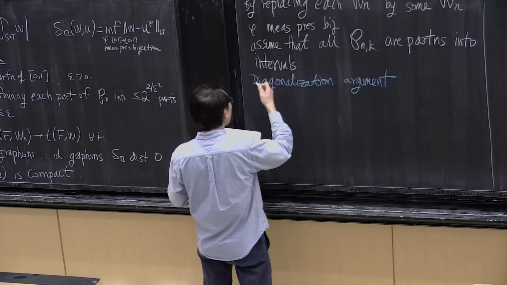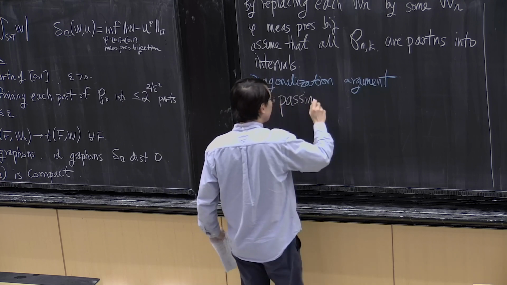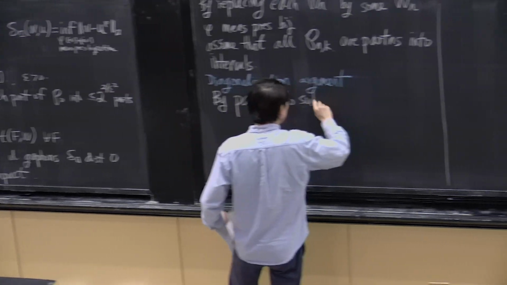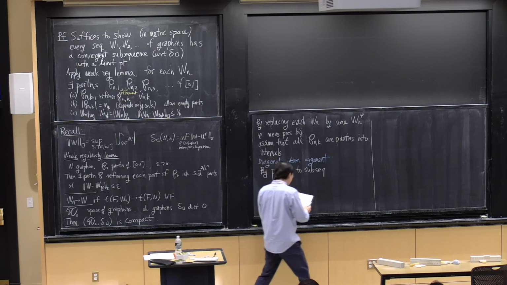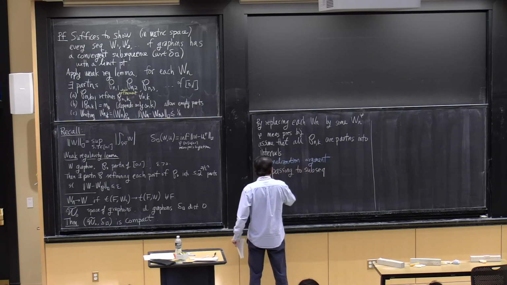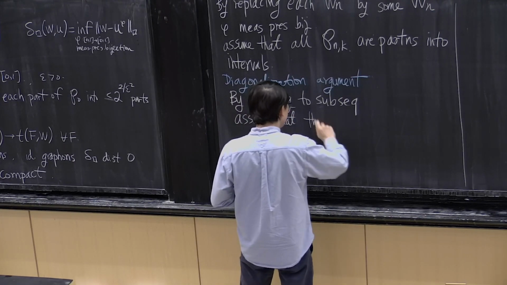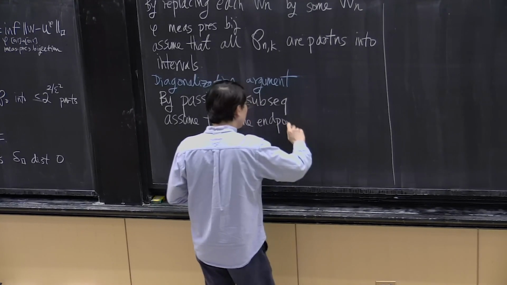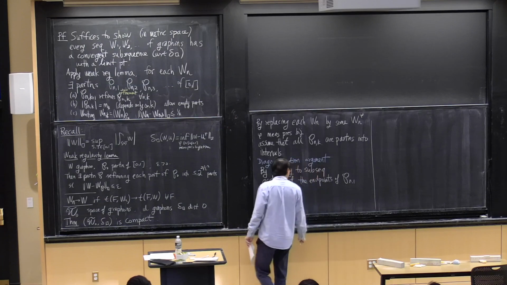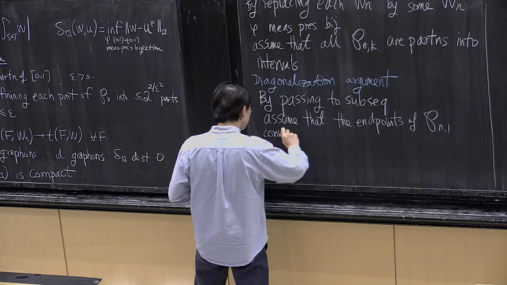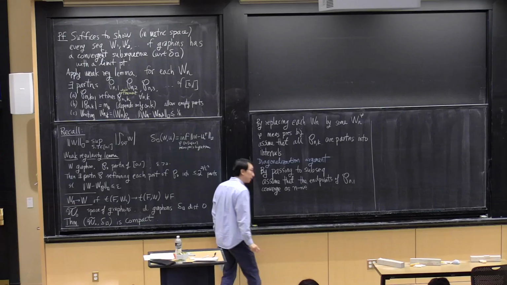Basically, by passing to subsequences, and we're going to do this repeatedly many times, we can assume first that the endpoints of P sub n1 converge as n goes to infinity.